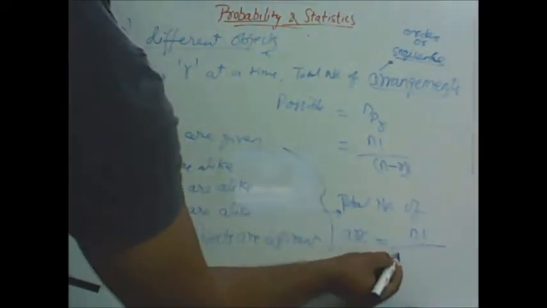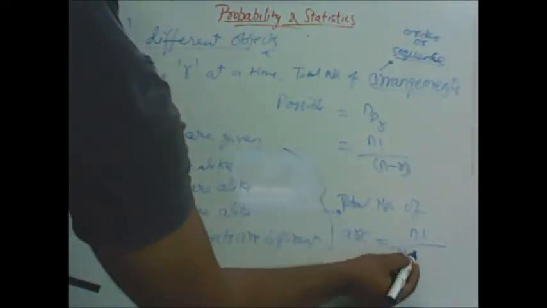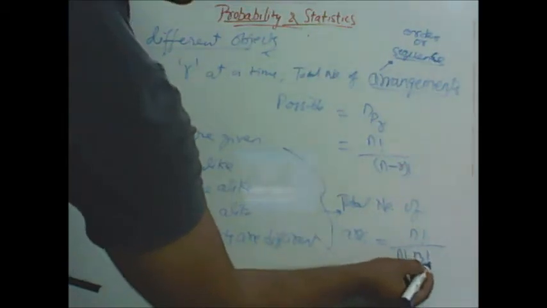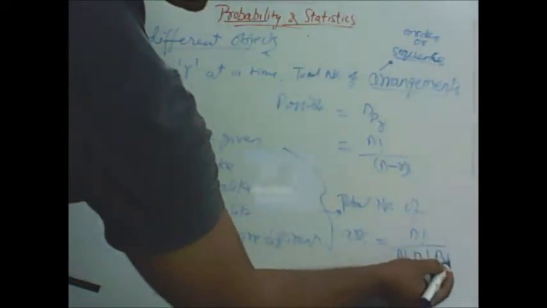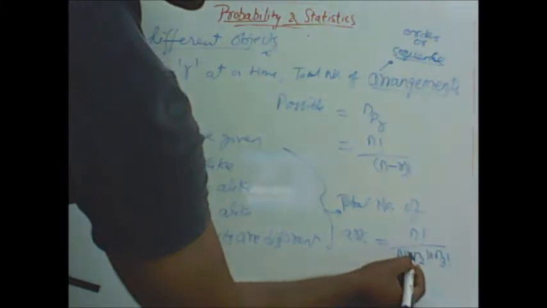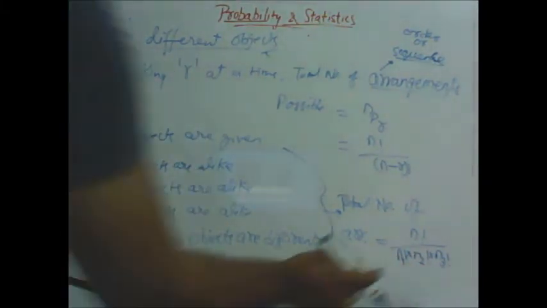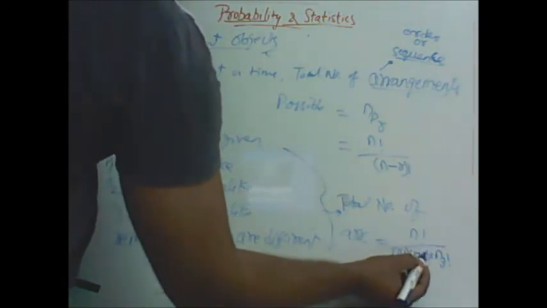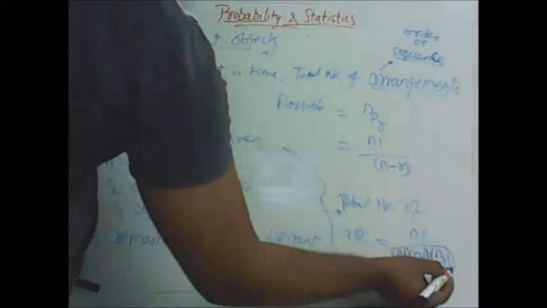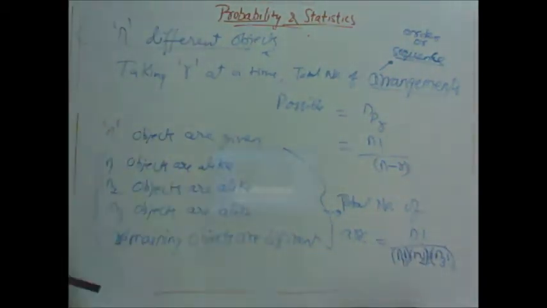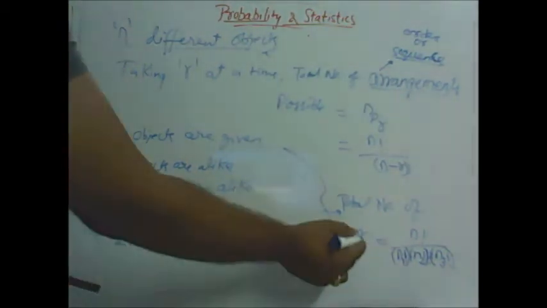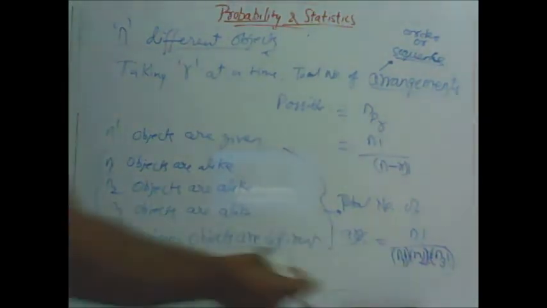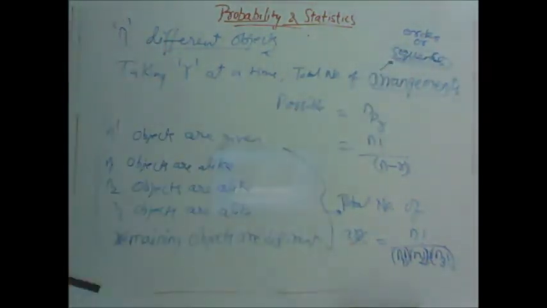Since n1 are alike, we will divide by n1 factorial into n2 factorial into n3 factorial. So total number of arrangements will be n factorial divided by n1 factorial into n2 factorial into n3 factorial. In arrangements, sequence is important.